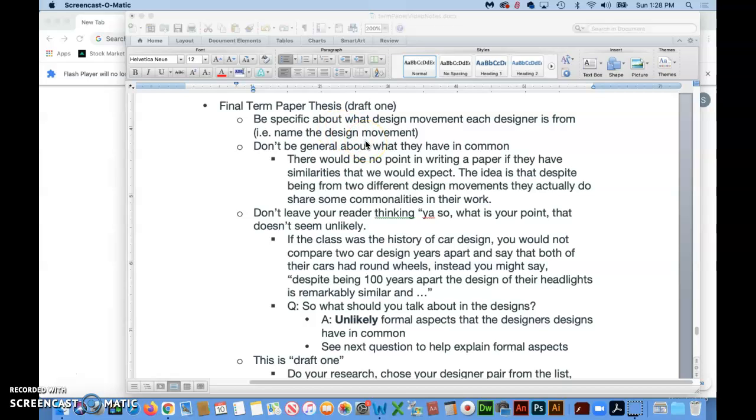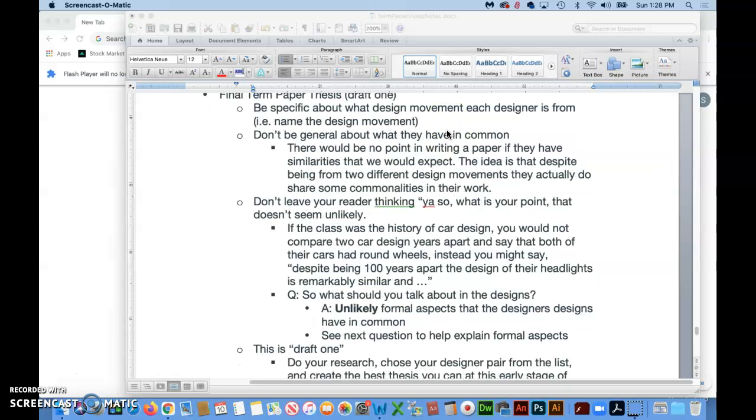So what you want to do in this thesis statement, this singular sentence, is be specific about what design movement each designer is from. In other words, name the design movement each designer comes from. Don't be general about what they have in common.